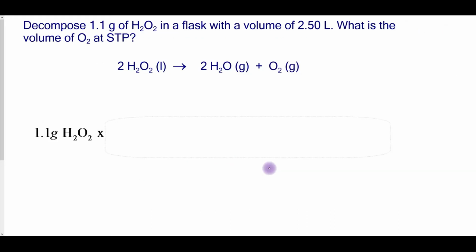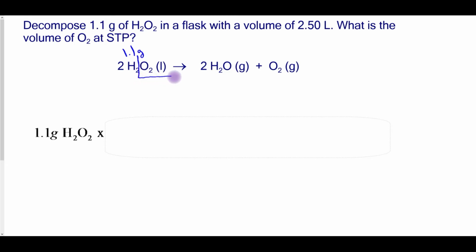Let's try a more complex problem, going back to our mole ratios. I have 1.1 gram of hydrogen peroxide. Hydrogen peroxide is sold in brown bottles. That's because light causes it to decompose into water and oxygen gas. The question asks for volume of oxygen at STP.